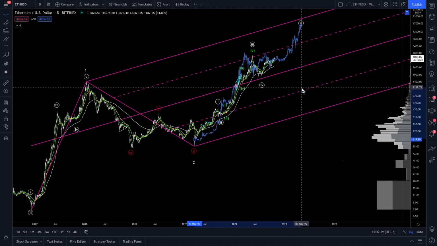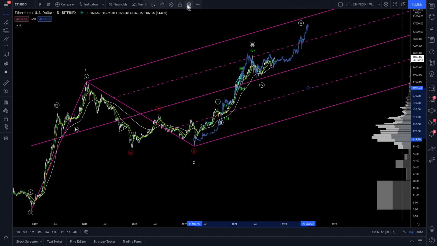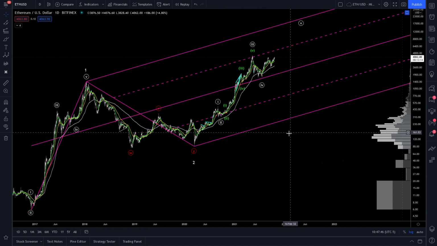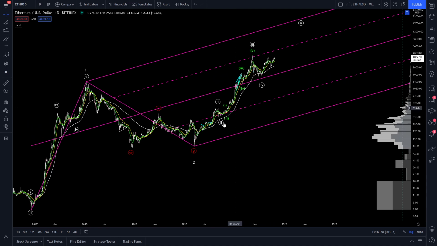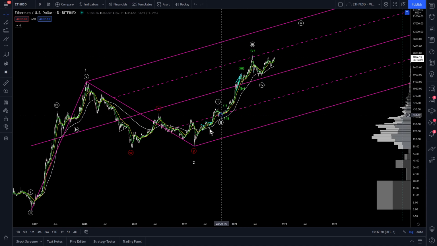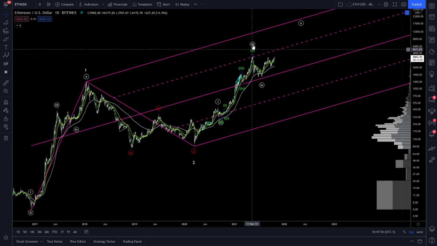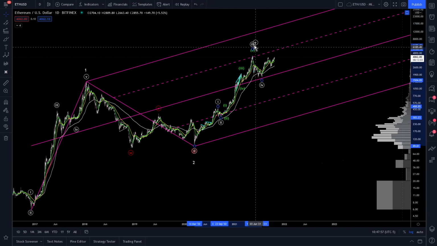So I'm going to go ahead and delete that ghost feed because I feel like it's a little bit in the way. This made me change my count. I originally had this as a 1, 2, 3, 4, 5, so this 5 would have been ending here.